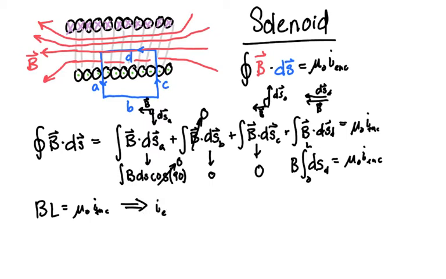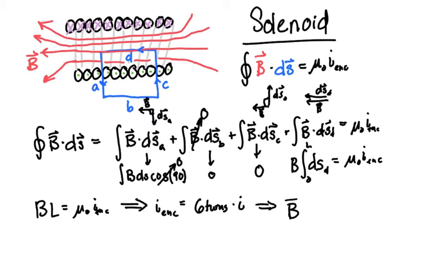So the enclosed current for our Amperian loop is equal to 6 turns times the current in each wire, or each turn. And my length is some length d, but this is all going to come out in the wash in a second.